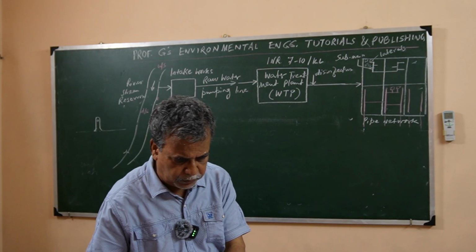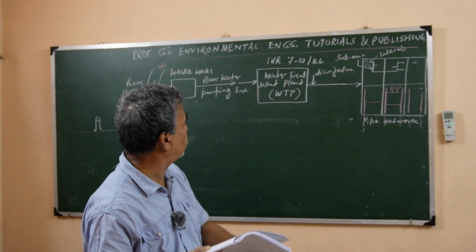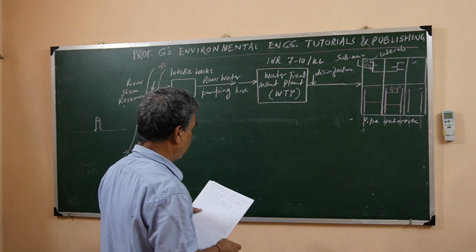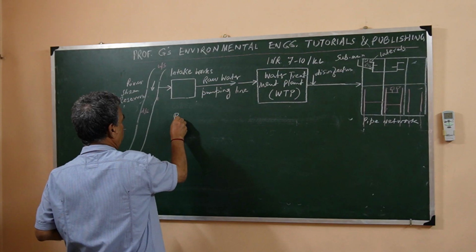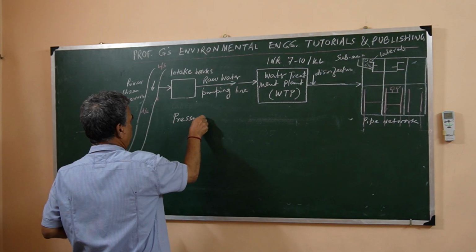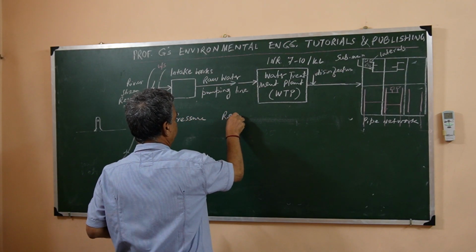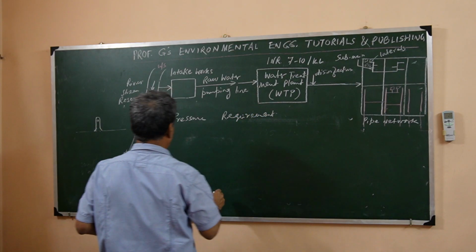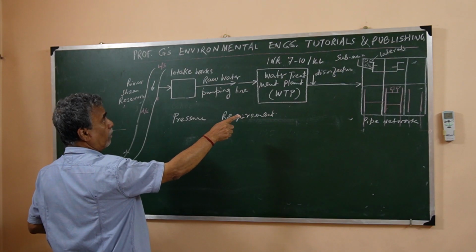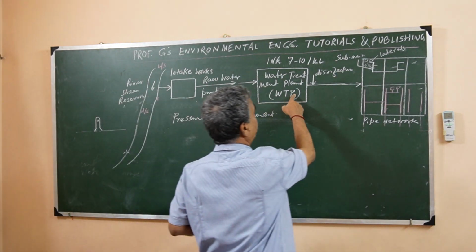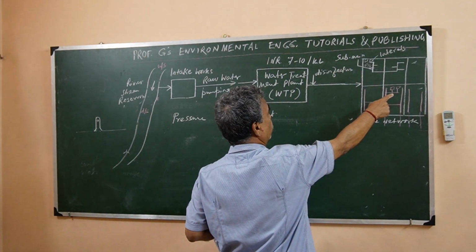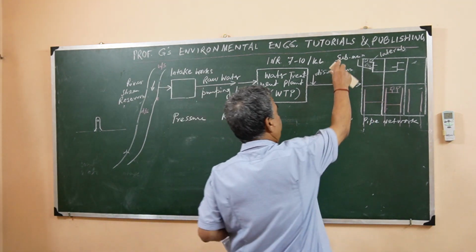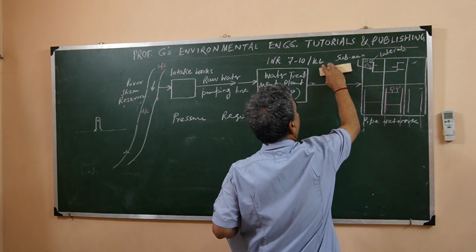Now in the water supply system, an important thing is the pressure requirement. You see that from the water treatment plant, it is going to the distribution system. Please note that I am erasing this.